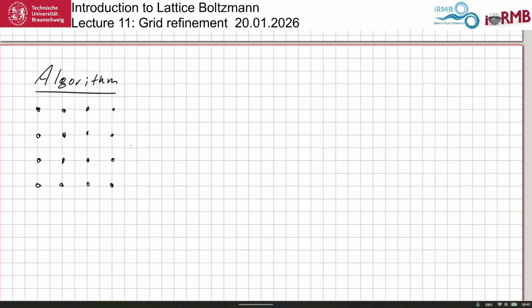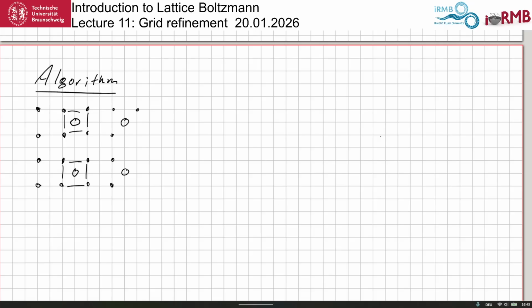So say this is my fine grid, and in this fine grid, here we get the transition to a coarse grid. Yeah, so now I believe the space is correct.